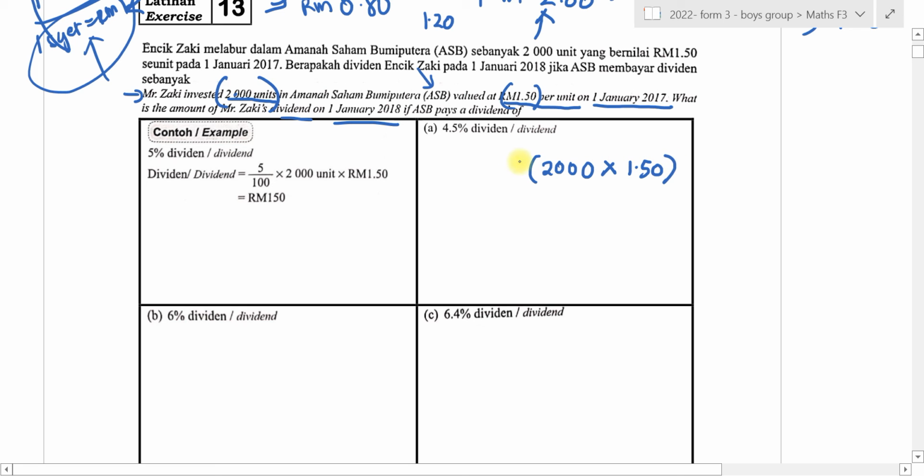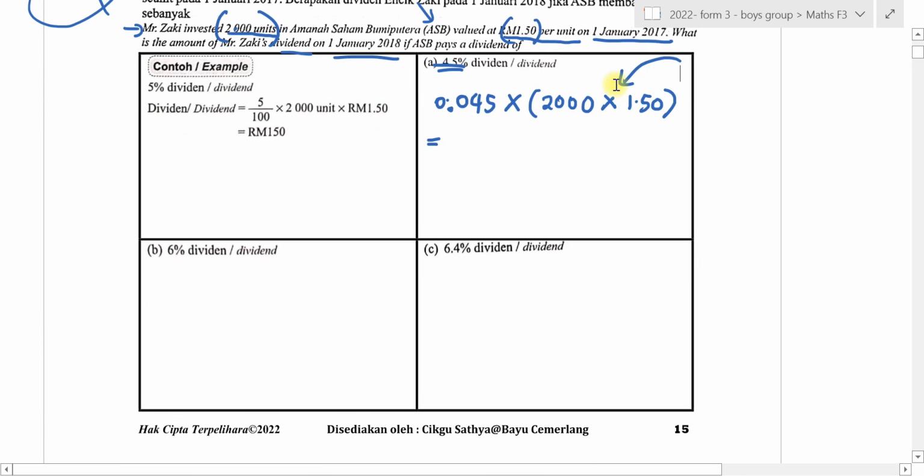So out of this money, they give you dividend 4.5%. So 0.045. That's it. Okay, you calculate. This is the money you invest, and then the percentage you calculate directly only. No formula, nothing. Okay, right. So if you do this, what will you get? Sharwinat, calculate for me.